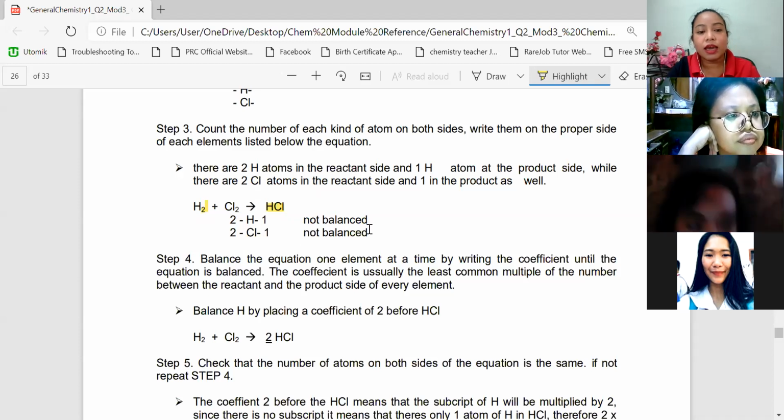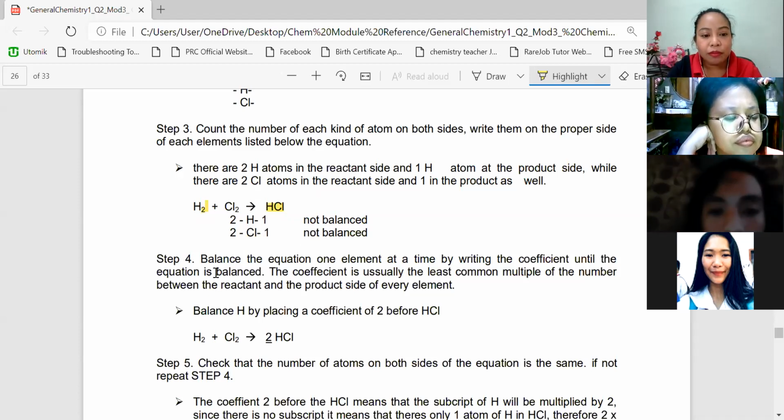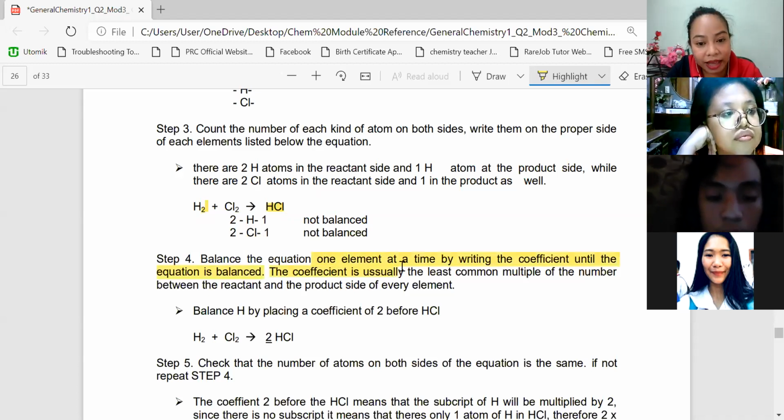No. So, step 4, balance the equation, one element at a time, by writing the coefficient until the equation is balanced. The coefficient is usually the least common multiple of the numbers between the reactant and the product.